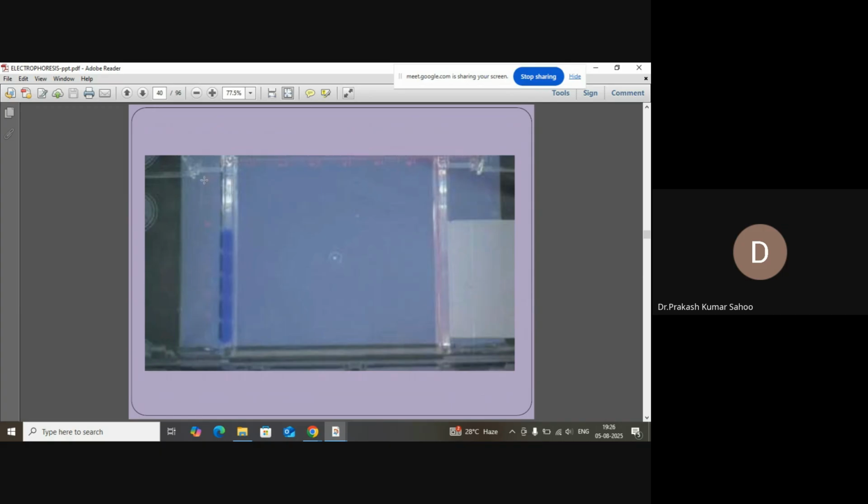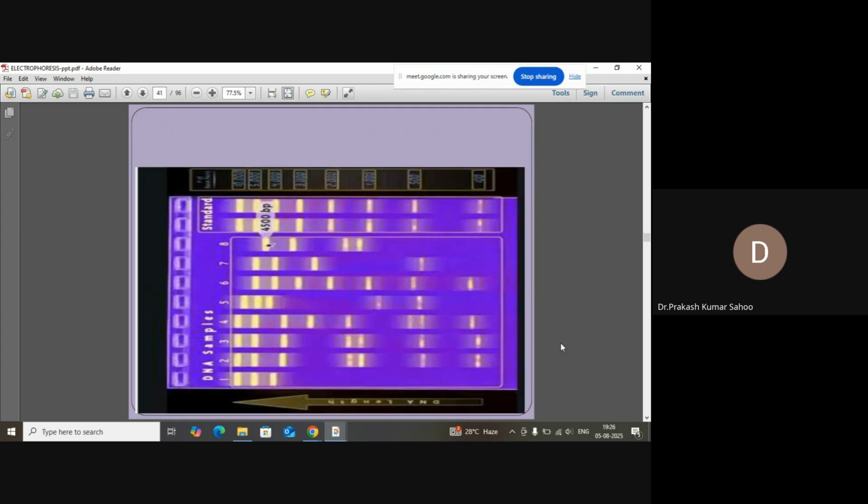So this is how your gel is spread and migration of ions will occur. This is blue, and this will be in color, that is one anode and one cathode. Just see here, this is a beautiful separation of ions, that is a DNA sample, known as a DNA test by gel electrophoresis.